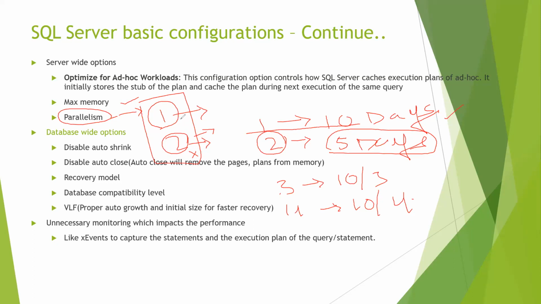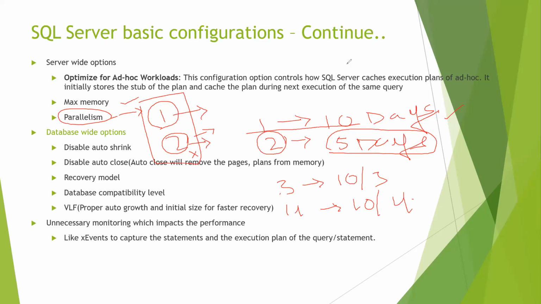If you have this kind of thing, then parallelism would impact the performance of the execution, and we will have to look into that. But we will talk about query performance later, like how to deal with parallelism and how to look into the parallel threads. So this is the parallelism.